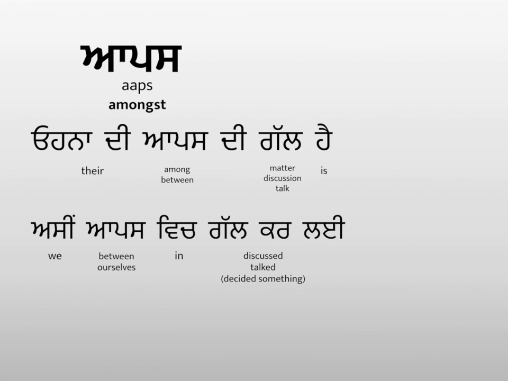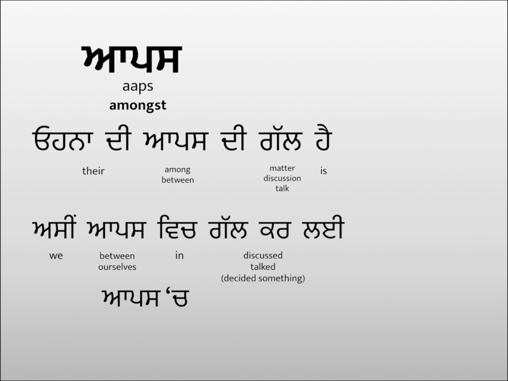So ਗੱਲ ਕਰਨੀ means to talk, to discuss, or even to decide something. We discussed among ourselves. You can even shorten ਆਪਸ ਵਿੱਚ to apas 'ch. ਅਸੀਂ ਆਪਸ 'ਚ ਗੱਲ ਕਰ ਲਈ. So it's your choice.